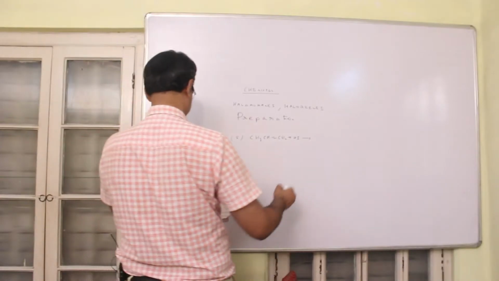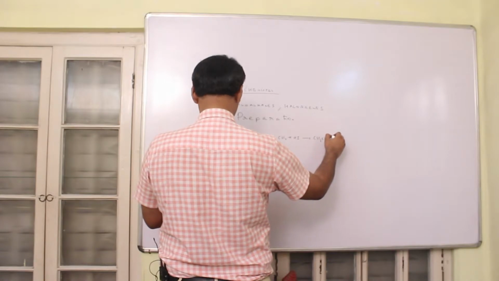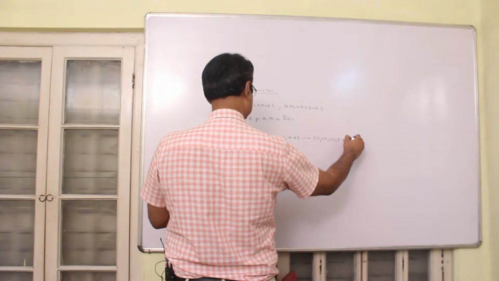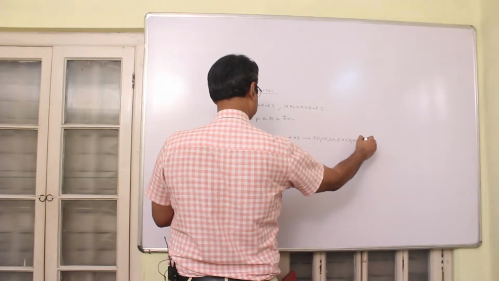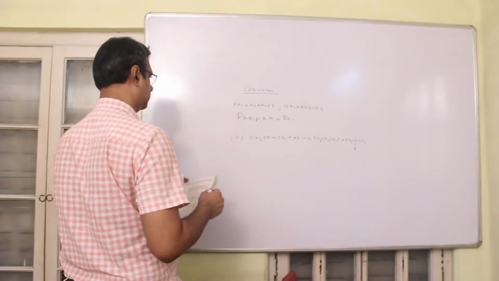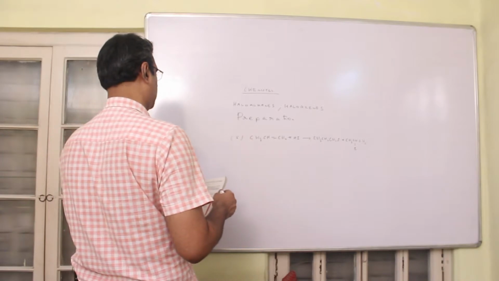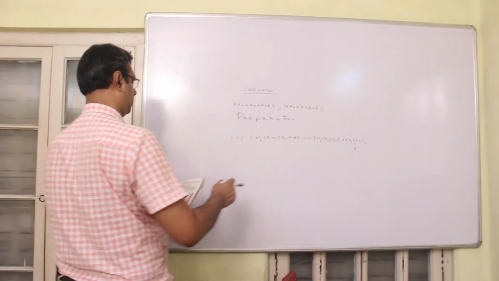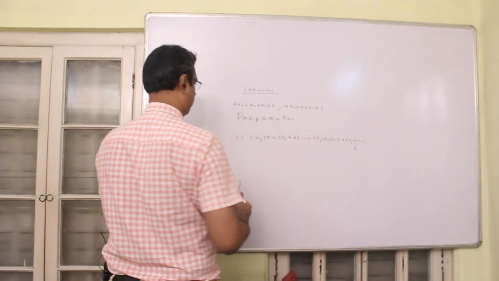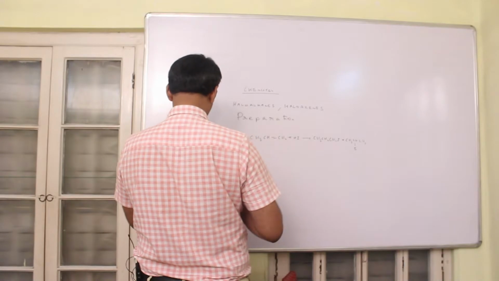Now in case of Markovnikov's rule, suppose this is an alkene, so you know that there are two products possible when reacting with a halogen acid.